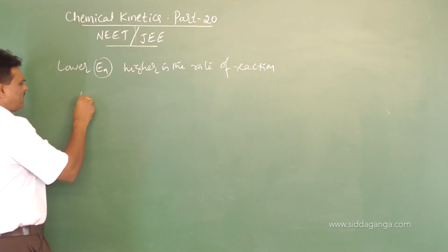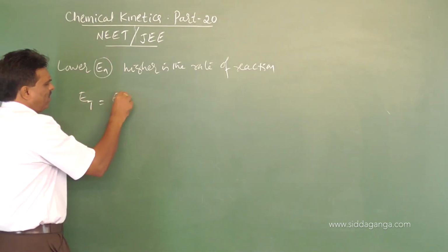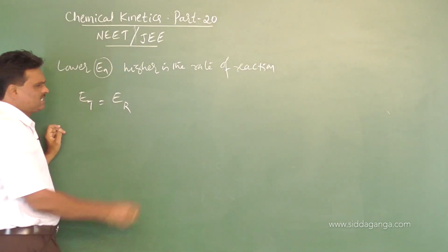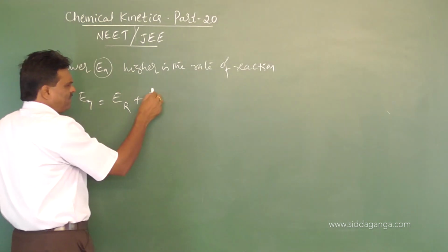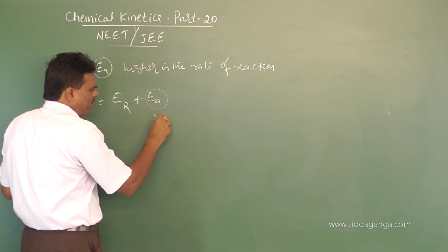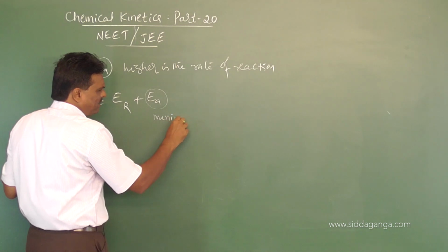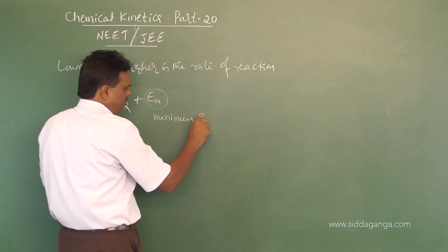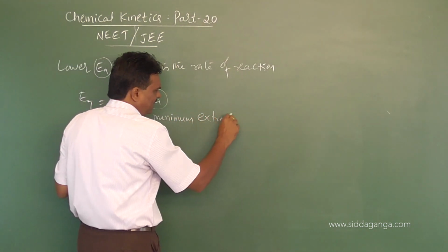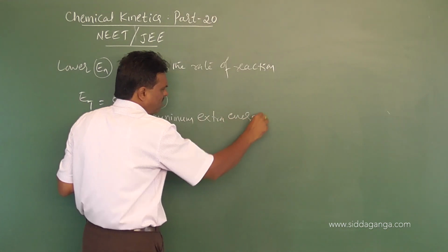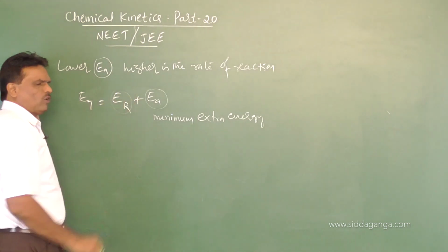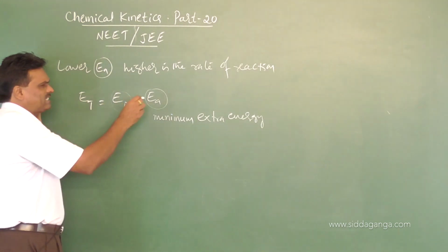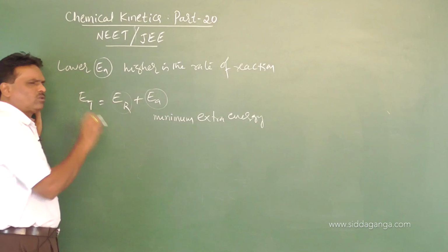We know that threshold energy is equal to the average energy of the reactant molecules plus the energy of activation. So this energy of activation is the minimum extra energy supplied to the inactive reactant molecules to raise their energy, which becomes equal to threshold energy.